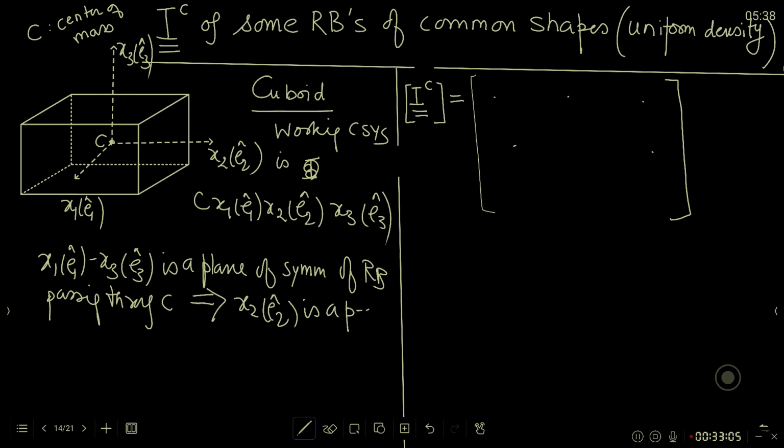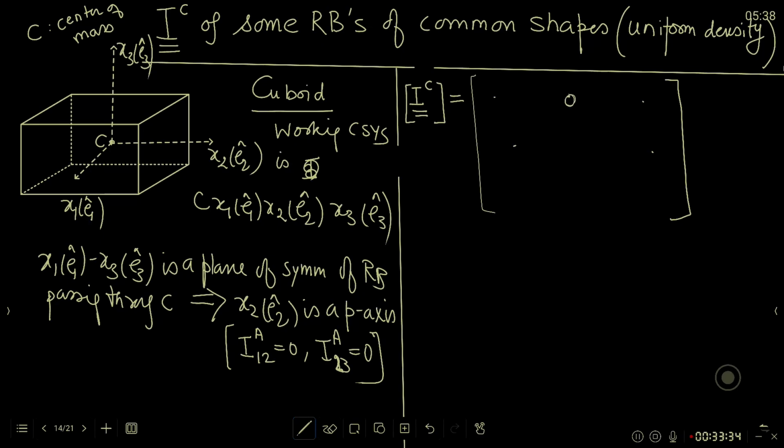Right, which means IA12 and IA23 will be 0. Right, IA12 and IA13 will be 0. So IA12 will appear here, this is 0, and IA23 will be 0. It means this member is 0.